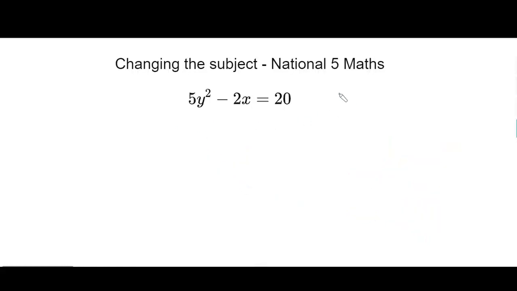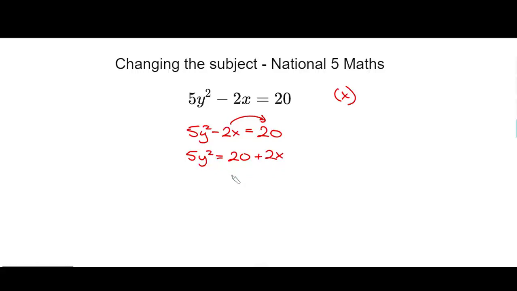We want x again. So it's 5y squared minus 2x is equal to 20. We want the x terms on one side, so let's move the negative 2x over this side. That gives us 5y squared is equal to 20 plus 2x.